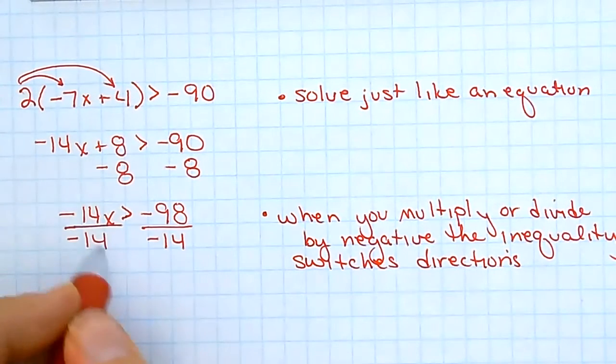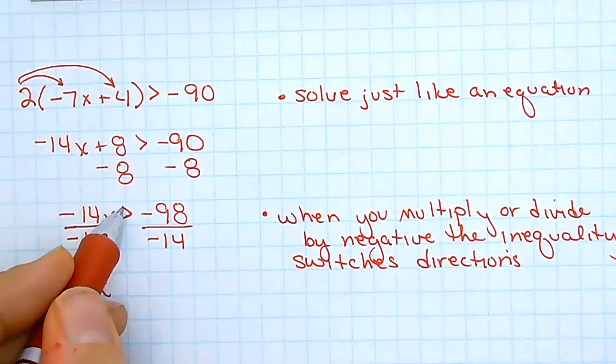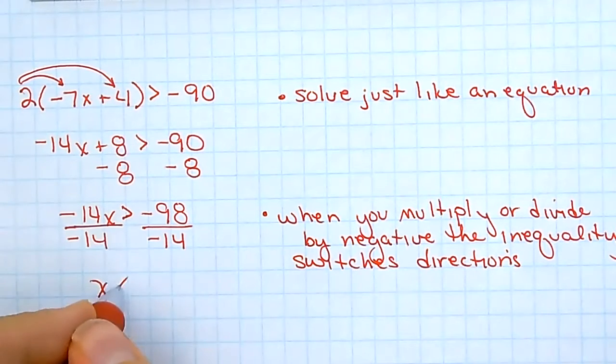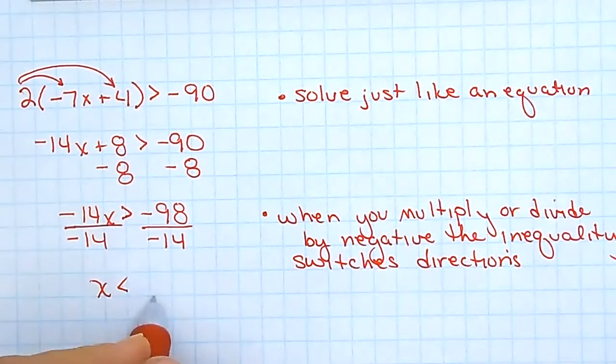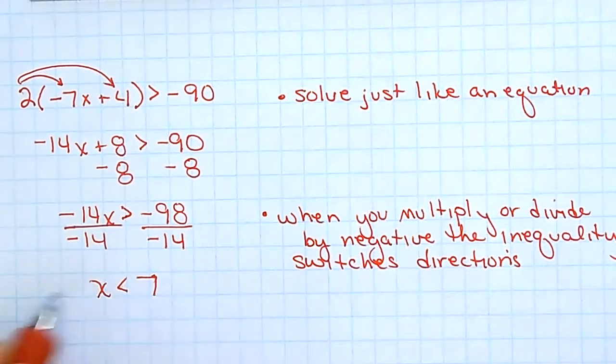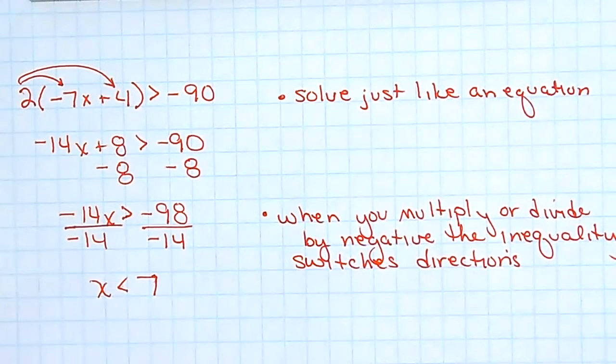Okay? So that means that this inequality where it was greater than now flips around and becomes a less than, and this becomes 7. So that's our solution.